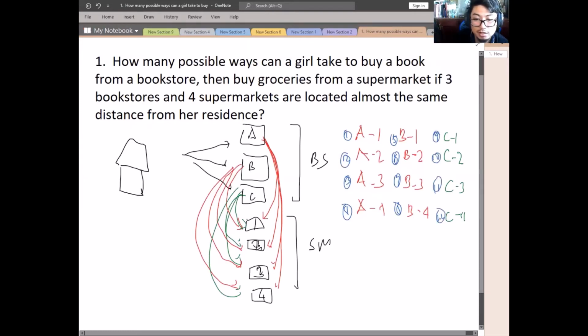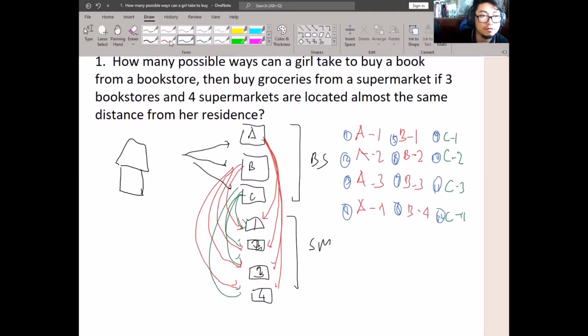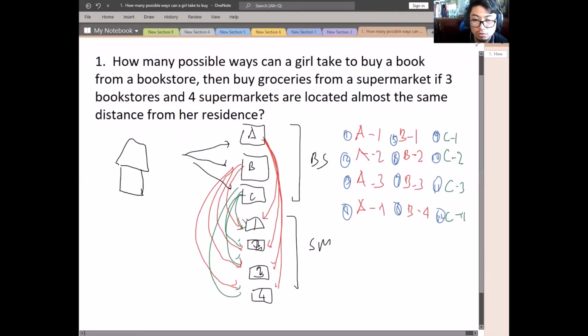Or simply, if you're using our multiplication formula, the girl has two options: the 3 bookstores and 4 supermarkets. For the manual solution, we have 12 ways: 1, 2, 3, 4, 5, 6, 7, 8, 9, 10, 11, 12.